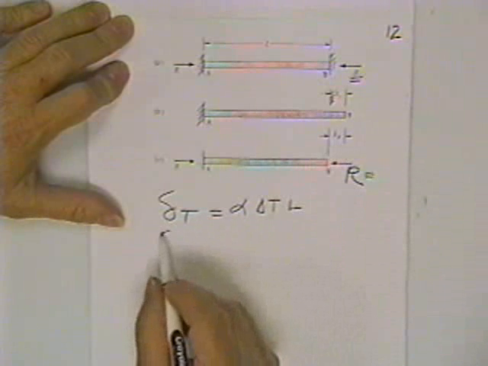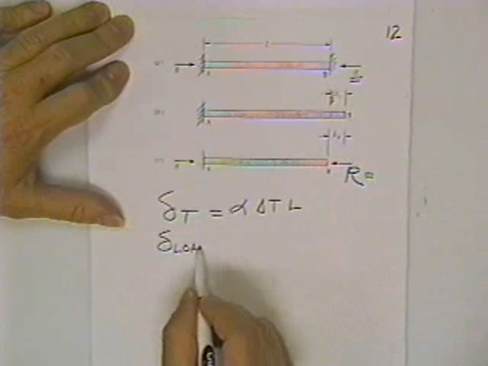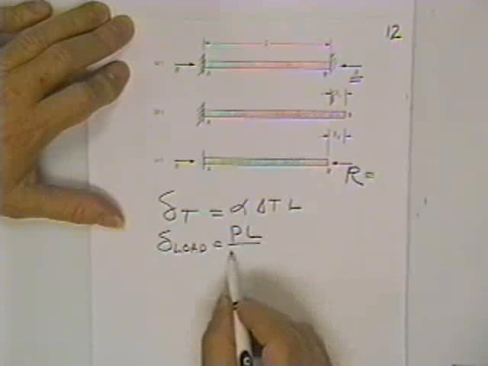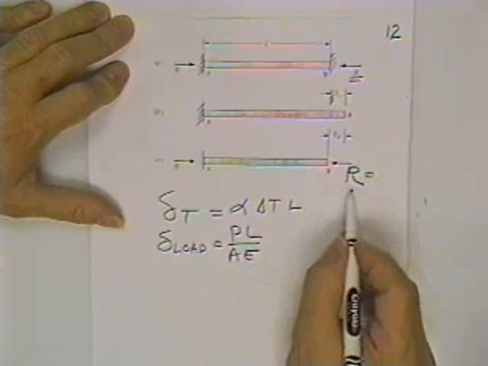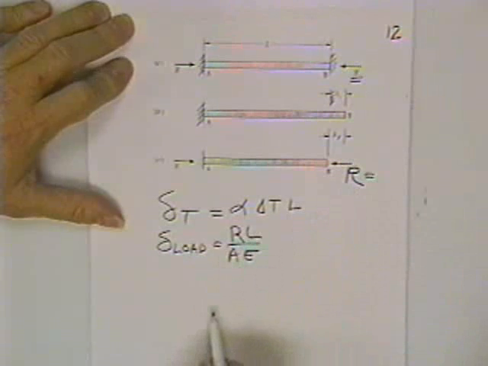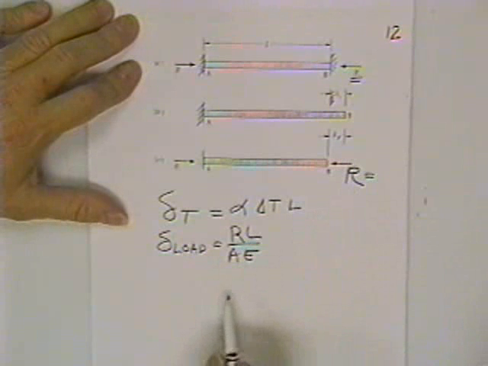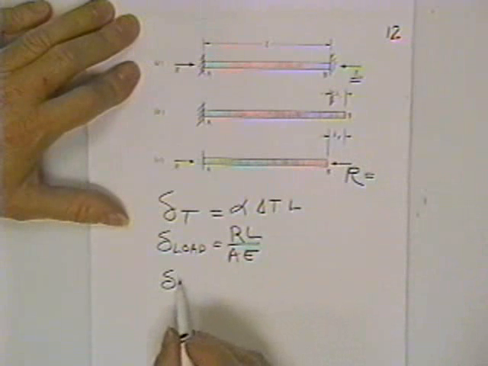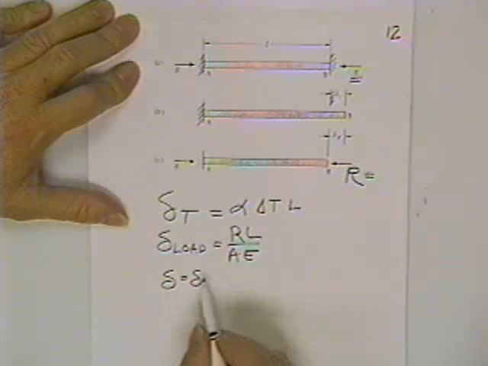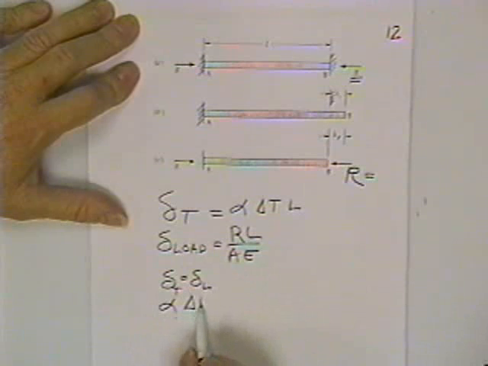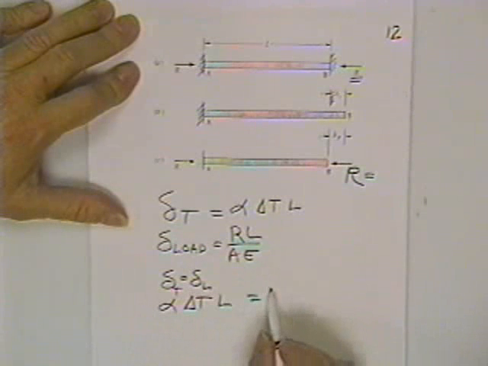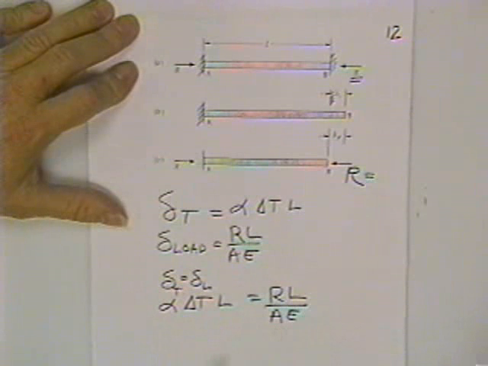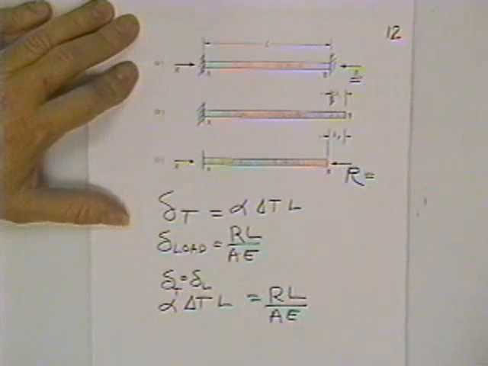How short something gets, delta due to load, is PL over AE. In this case, we call the load PR, so let's put R. And since these two deformations are equal, all you'd have to say is the delta of both of them is equal: delta due to T equals delta due to load, so alpha delta T L equals RL over AE, and solve for the force.